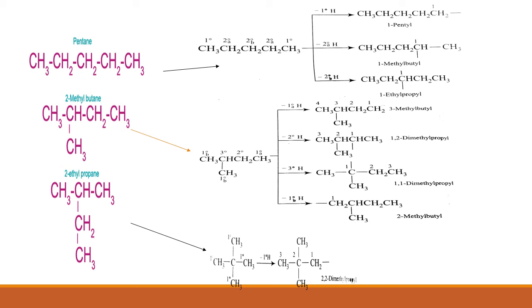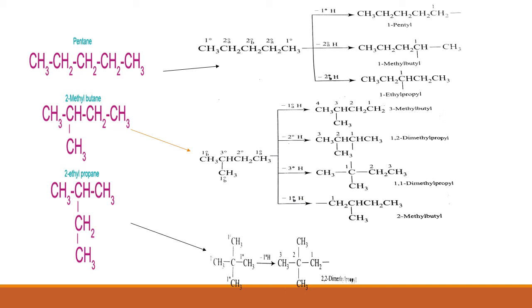2-ethyl propane is one more isomer of pentane, and it can give compounds. Number 1, if the carbon having 1 H removes its H, the alkyl group will be a butyl, neobutyl.